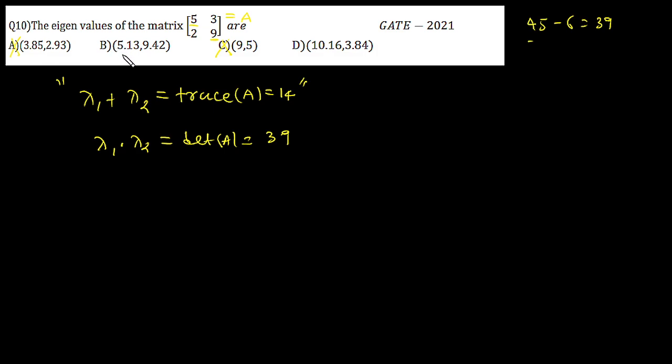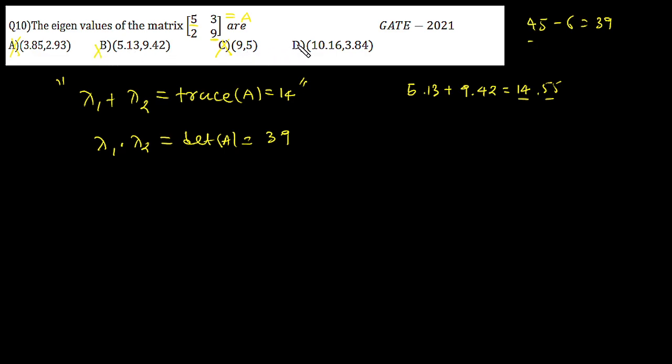Now let's also sum these two values from option B: 5.13 plus 9.42 gives 14.55. So option B is also not the correct one.